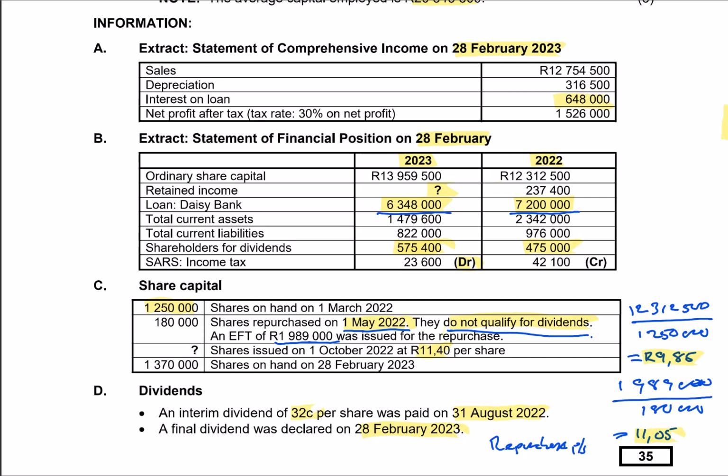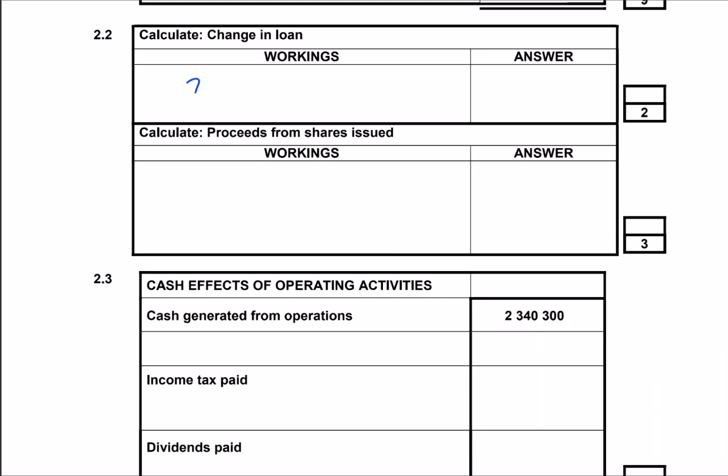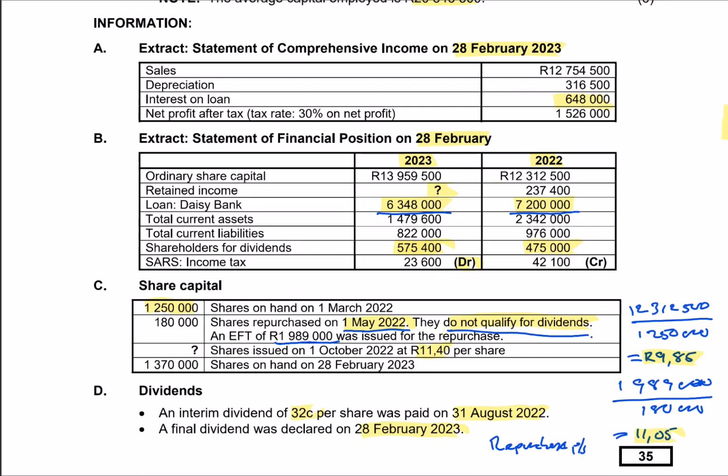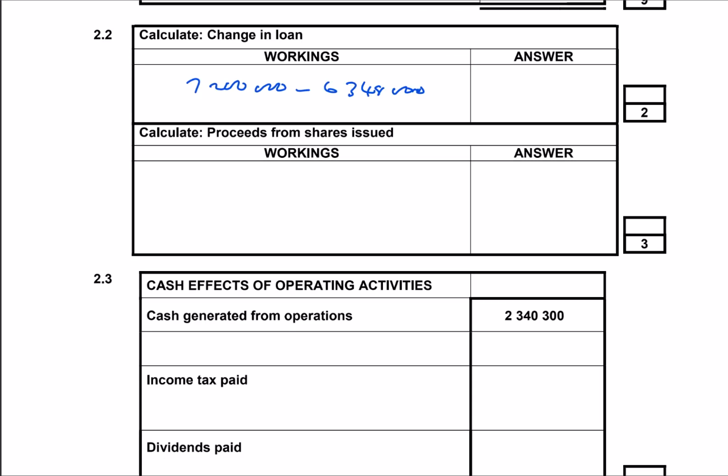So what you do is subtract opening balance minus closing balance, which is 7,200,000 minus 6,348,000, and this will give us 852,000.